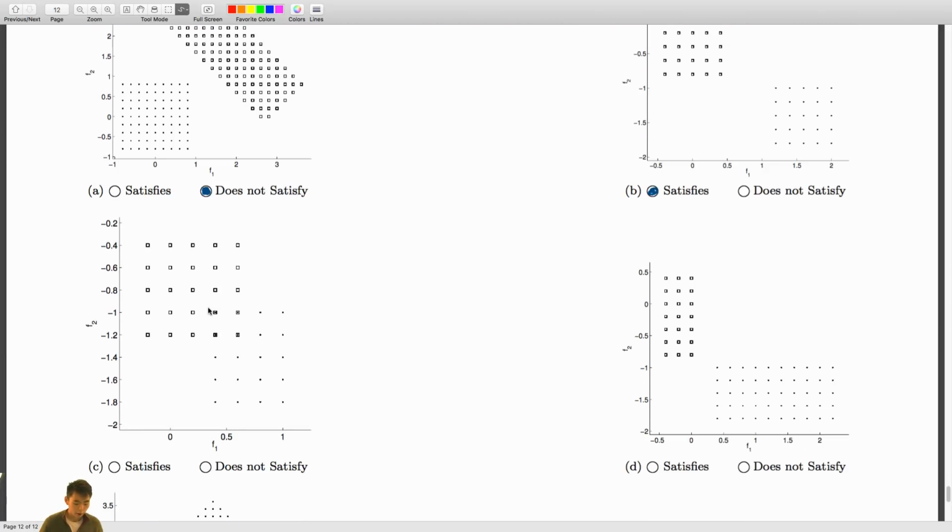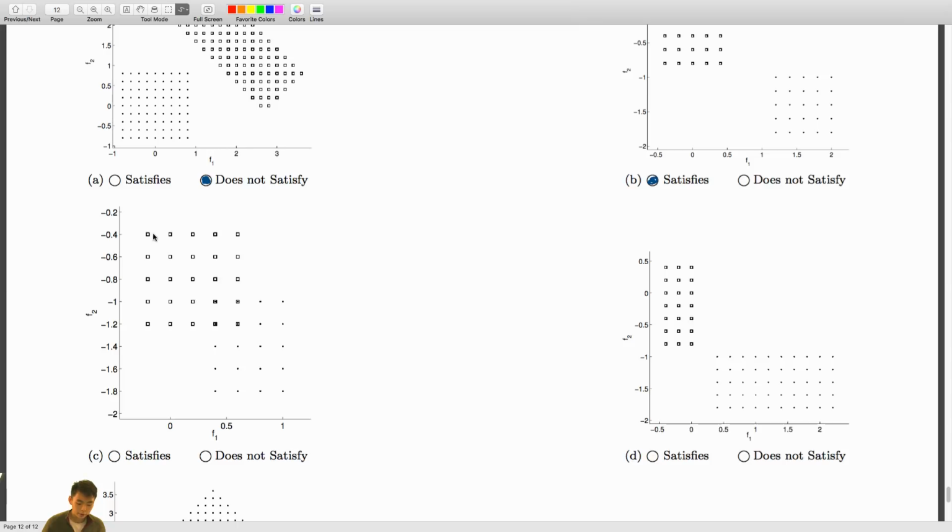Okay. For part C, we see that the two classes do overlap, but this doesn't affect whether or not the modeling assumptions are violated. The two features are pretty clearly independent of each other given the class. The only interesting thing to note is that naive Bayes won't be able to perfectly classify these two because of the overlap.